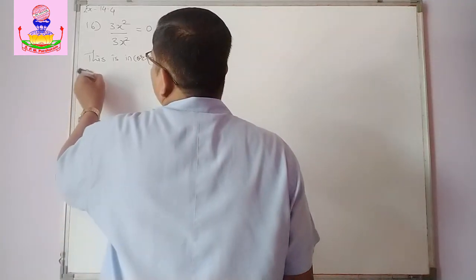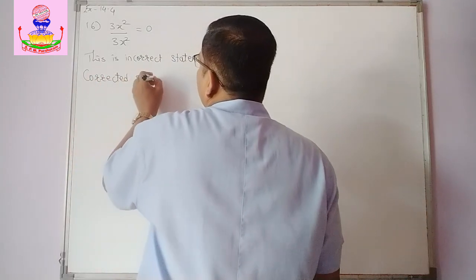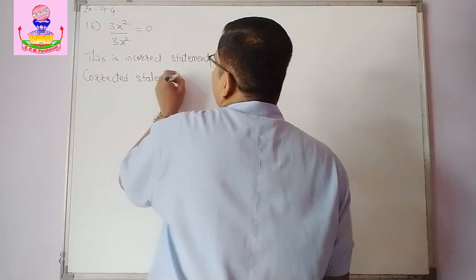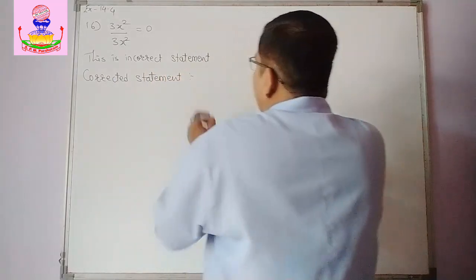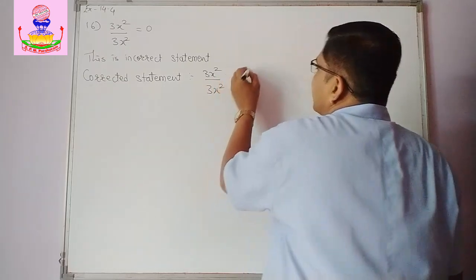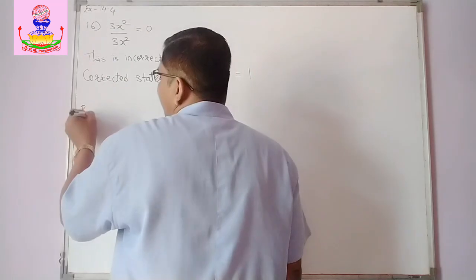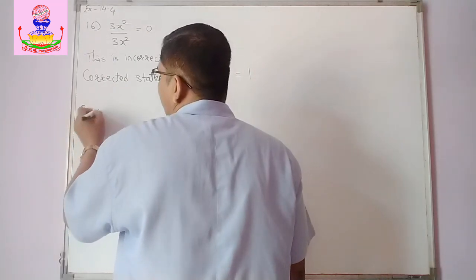Therefore, corrected statement: 3x square upon 3x square is equal to 1.